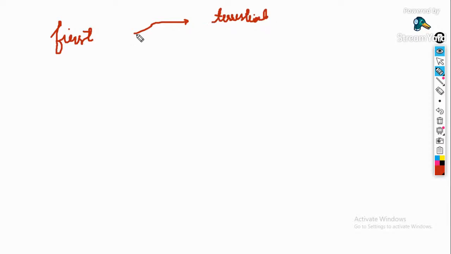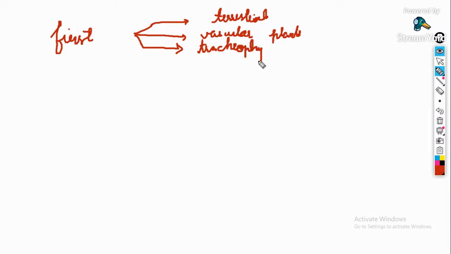Then they were the first vascular plants. They were the first tracheophytes.